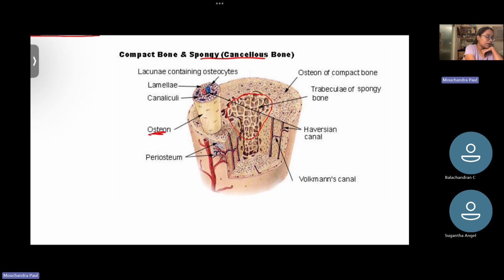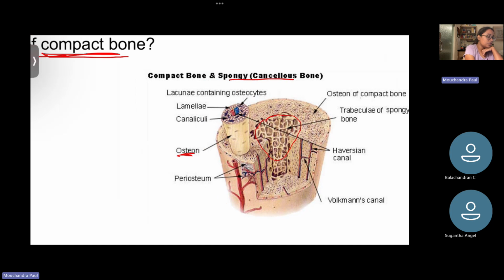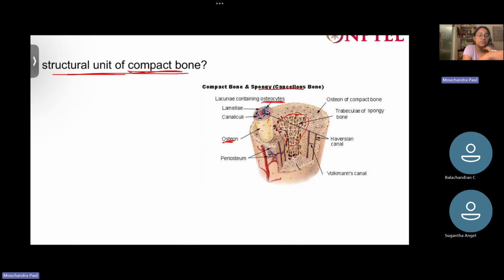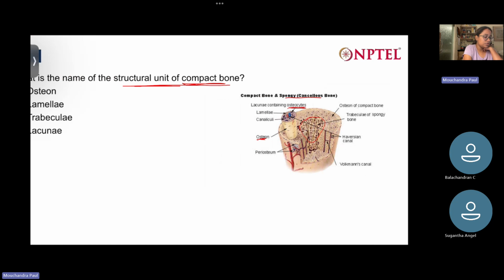Osteon is the site where the bone cells, osteocytes, reside. I'll come to the structure of the osteon in a later question, but you should remember the structural unit of the compact bone is called osteon.